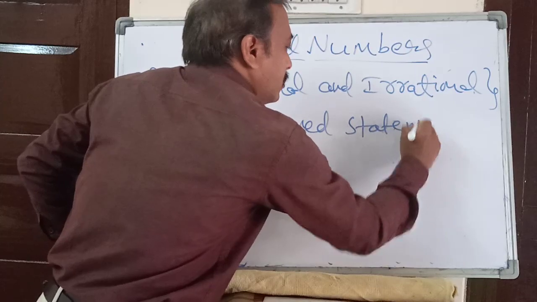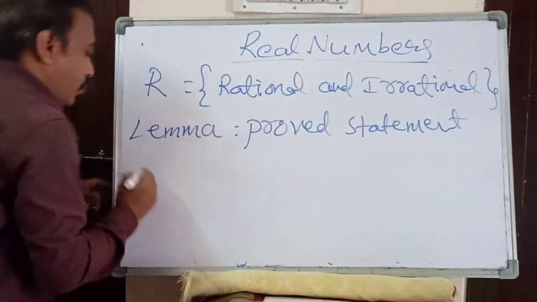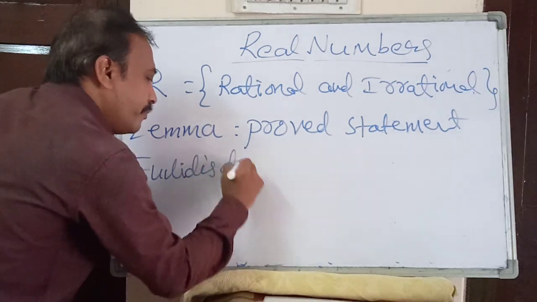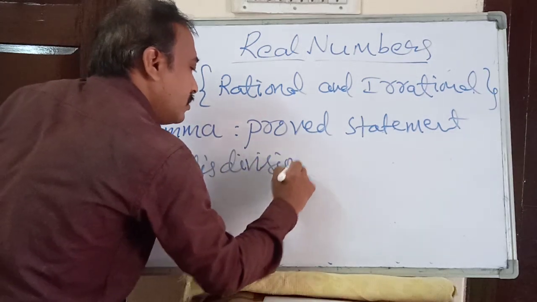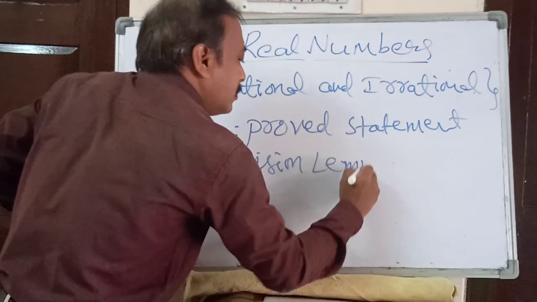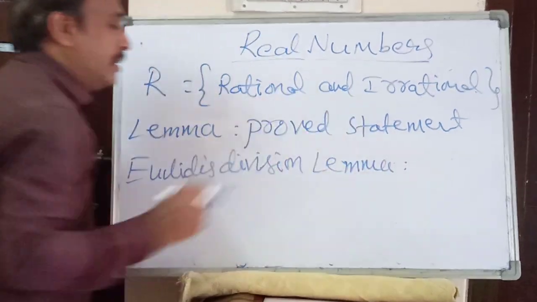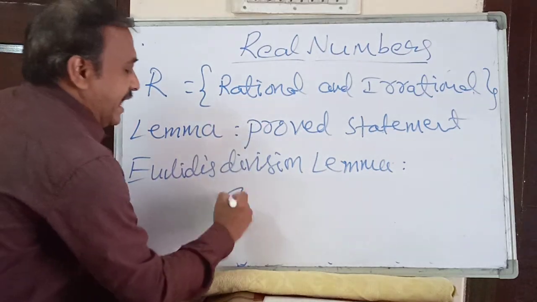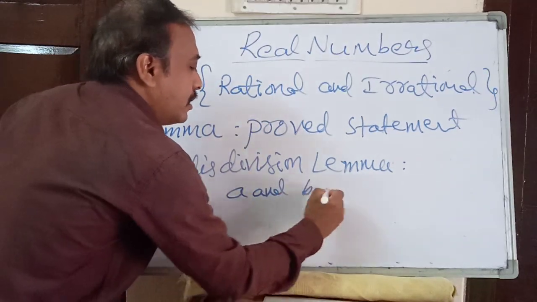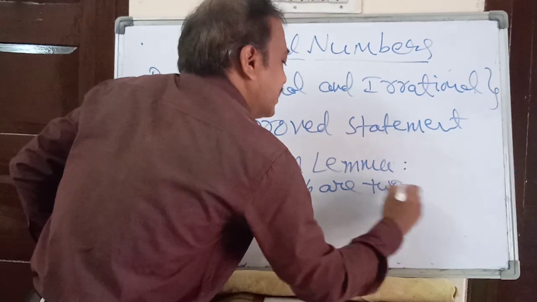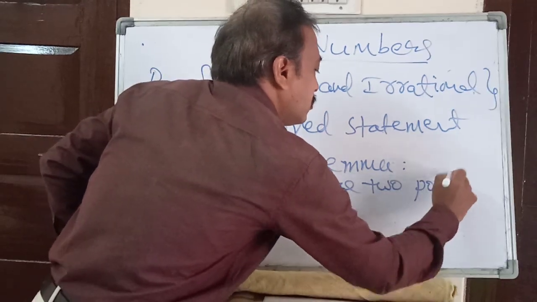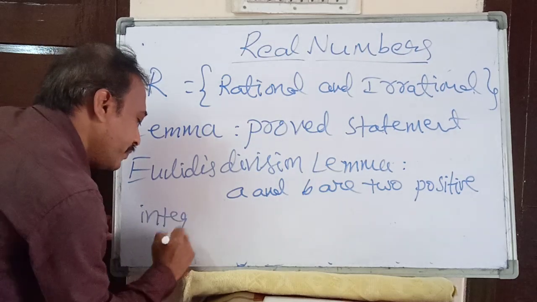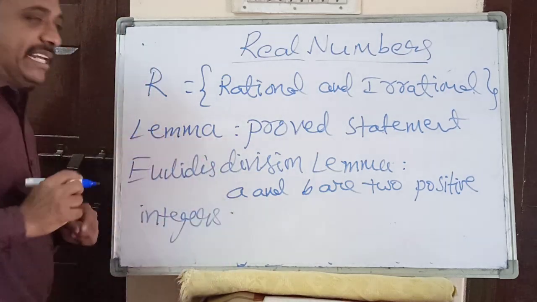Now Euclid's division lemma: here A and B are two positive integers.